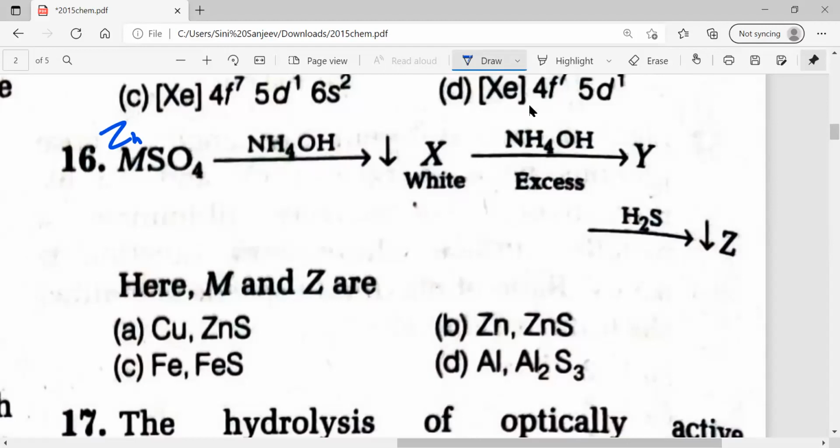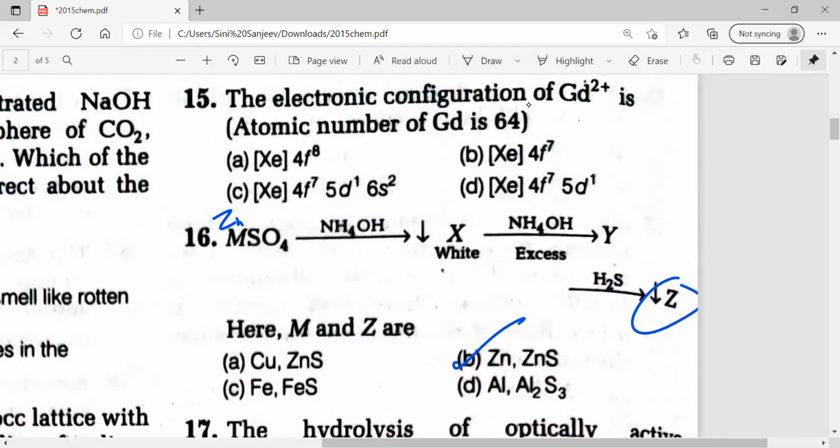It will form a soluble complex salt with ammonia, Zn(NH3)4 2 plus. You got the point? And finally, I'll get a white precipitate of zinc. So option B is the correct answer for this. Yes, I think almost everyone has given me the correct answer.